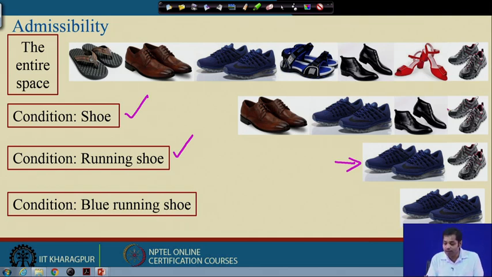Similarly, these 4 are admissible only with respect to this condition, but they are not admissible when we put these additional conditions. So when we say admissibility, it is not an absolute word. Admissibility always comes with a condition: with respect to which condition something is admissible. In this example, with respect to all these conditions, this one is admissible.